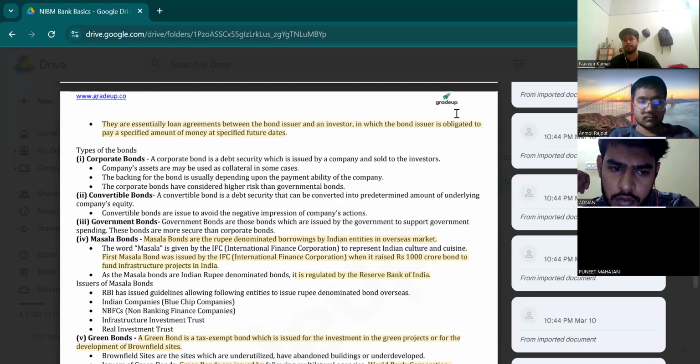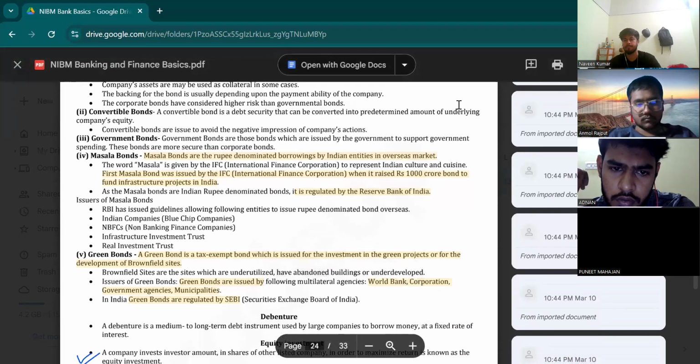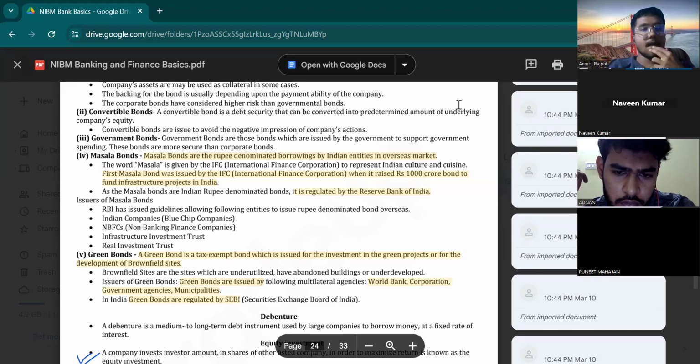Now what is a masala bond? Masala bond, as you are very much getting the vibe of Indian things, masala. So masala bonds are bonds which are issued by any Indian company in a foreign country. First of all, if bonds are issued in India, we will not call it a masala bond, because we all know Indian bond, government bond, corporate bond, anything we can say.